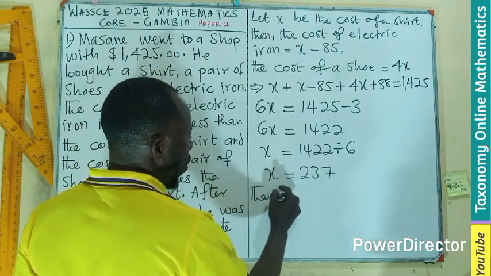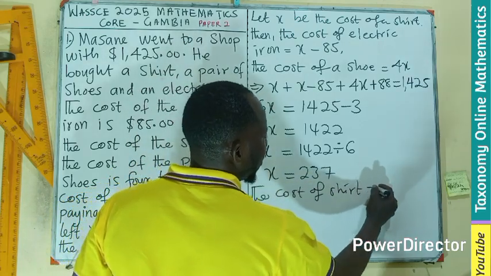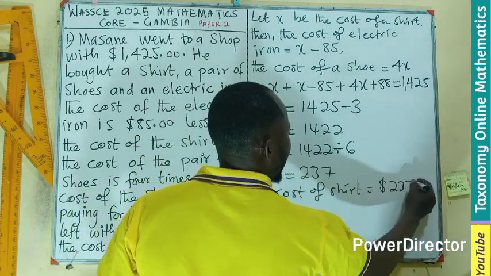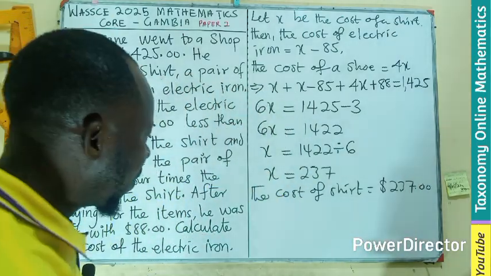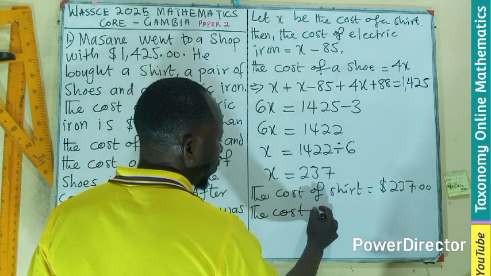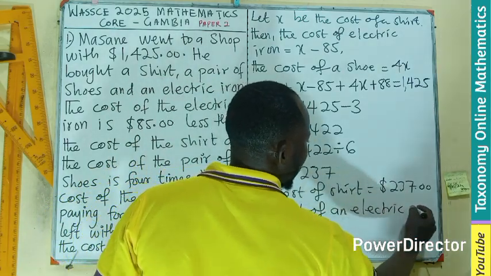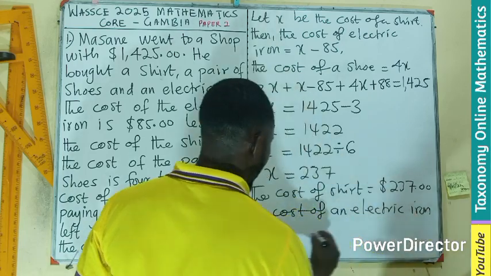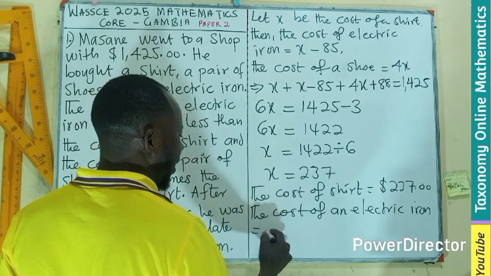So here it means that X is the shirt. So the cost of a shirt is going to be $237. That is the cost of a shirt. Then we are looking for the cost of an electric iron. The cost of electric iron is what?